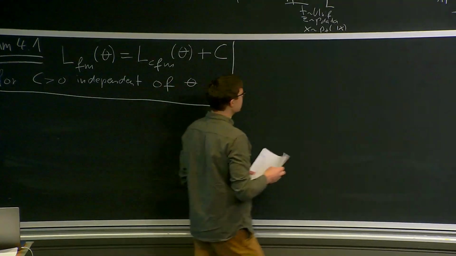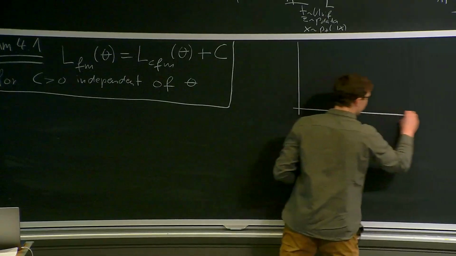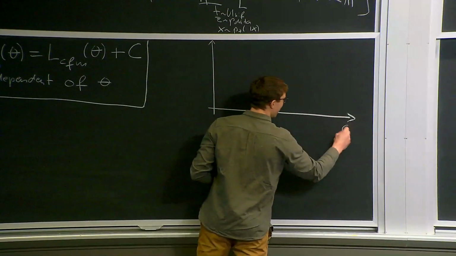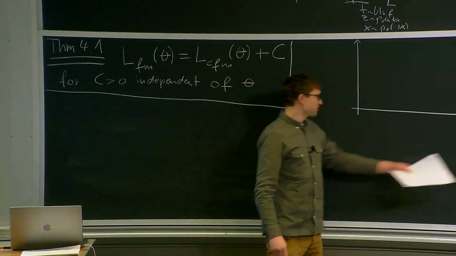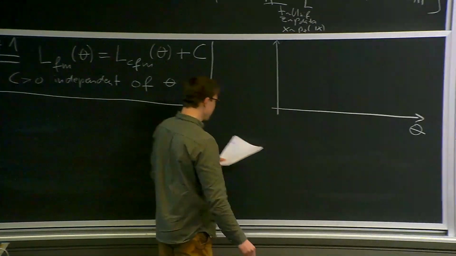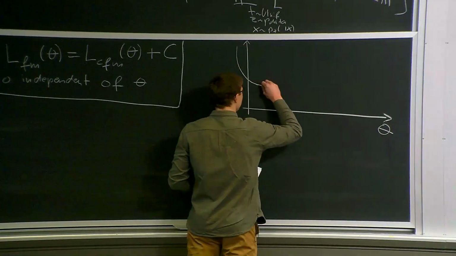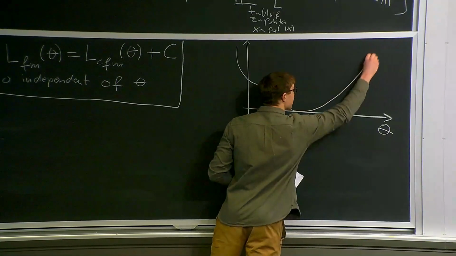Let's try to visualize this. So let's say we only have one parameter. Usually we have a lot of parameters, but let's say we only have one, which is the x-axis. And I told you that the flow matching loss looks something like this.